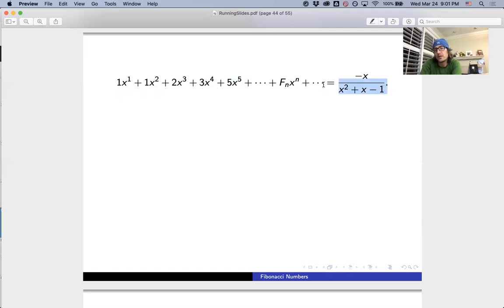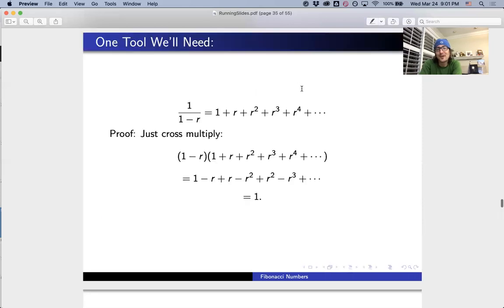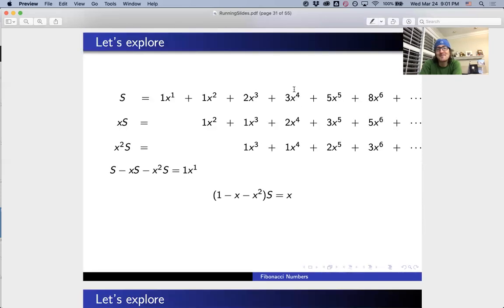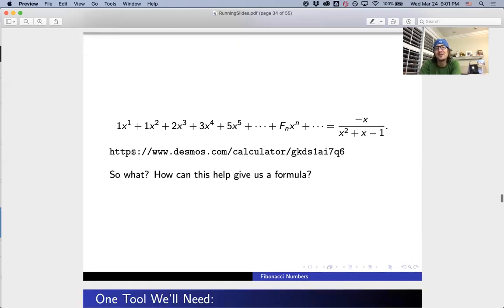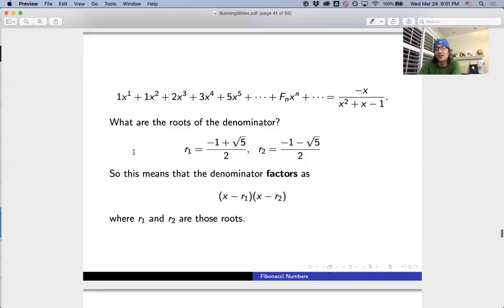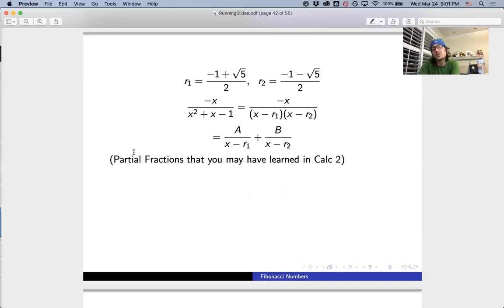We had a clever idea to use some note keeping with exponents. We did this cool trick where we noticed a pattern when we multiply by x, a cool trick with power series. We used a quadratic formula to factor. And then we used partial fractions, which we learned in a calculus class, but really it's just an algebra technique.